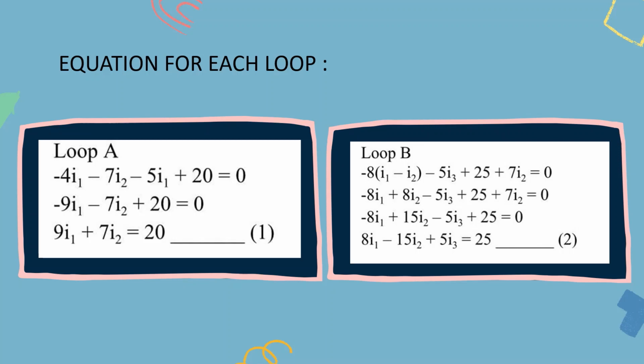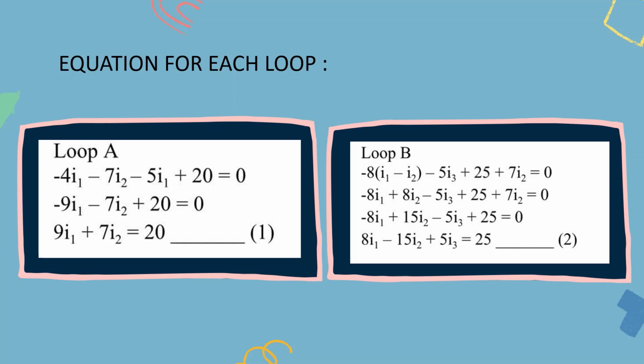Next, the equation for each loop. The first step in solving this problem is to write the sum of voltages around each loop. The voltage sum of each loop must be equal to 0. We can see the equations are all equal to 0. The second step is to substitute all known values, put all unknown current values on one side of the equation, and finally simplify.